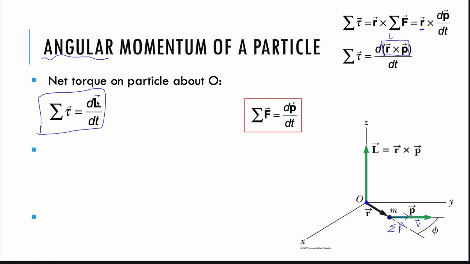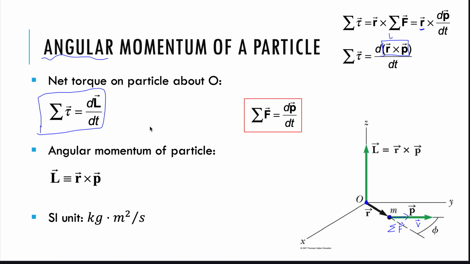So what do you think L is? Well, P is the linear momentum, so L, we're going to define and call the angular momentum. We've defined the angular momentum L as r cross p. So it is a vector just like the linear momentum.